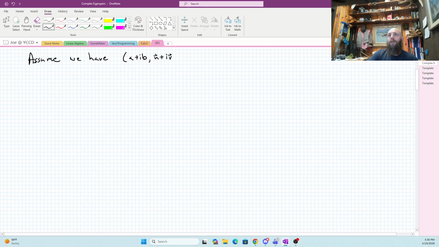So I've broken both my eigenvalue and my eigenvector into its real and imaginary components. And then because of the thing we just did, that means that a minus ib and u minus iv also has to be an eigenpair. So let's assume we have the one and also the other eigenpairs.